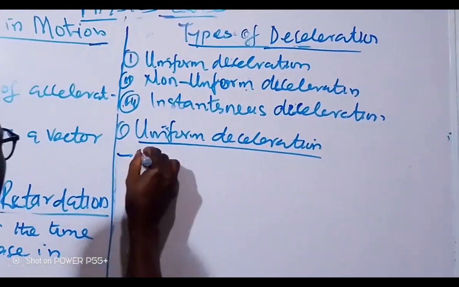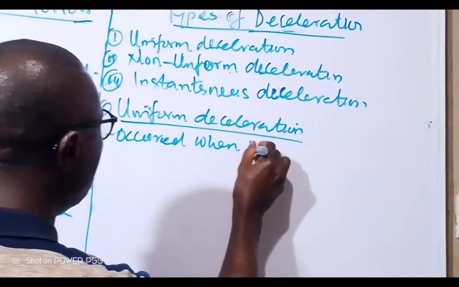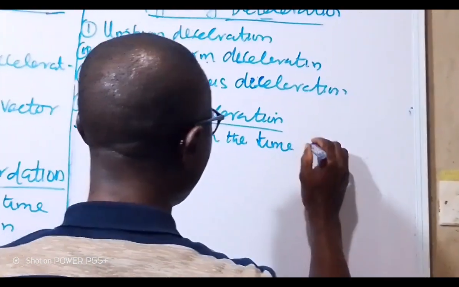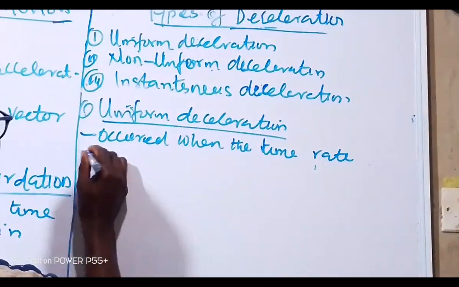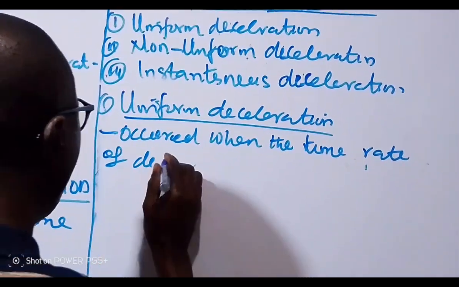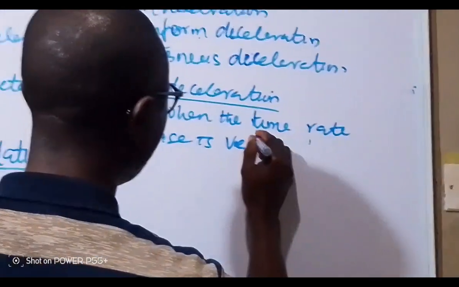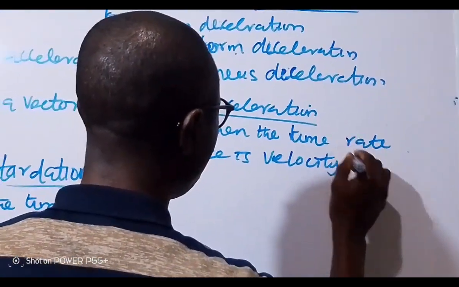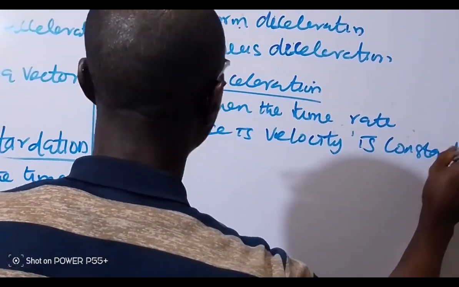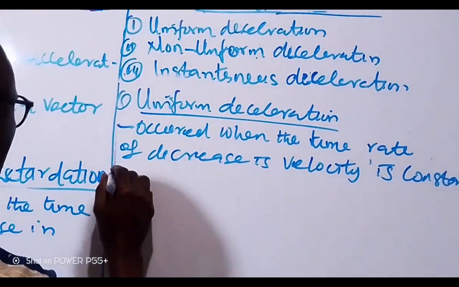This one occurs when the time rate of decrease in velocity is constant. That is uniform deceleration.